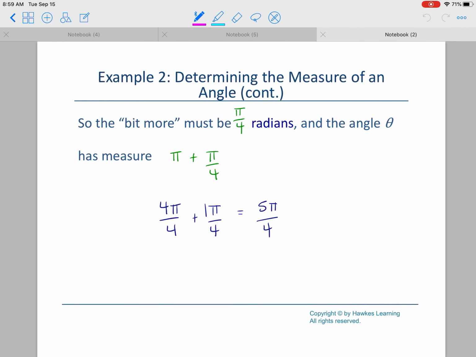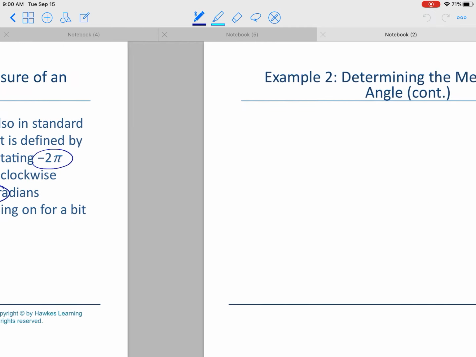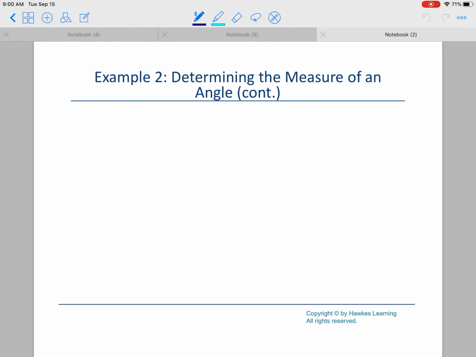Okay, so to find this one, again, we've gone negative 2 pi, we've gone negative pi, and then we've gone a bit more. That bit more is negative pi over 3. So I'm going to have negative 2 pi, then negative pi, and then negative pi over 3. And they're negatives because we're going clockwise around this circle.